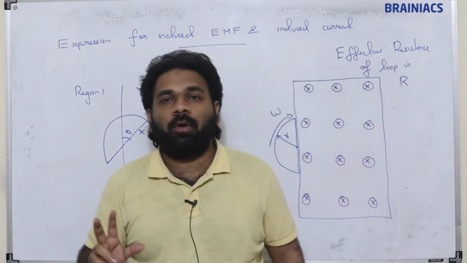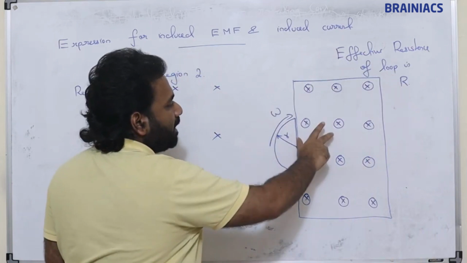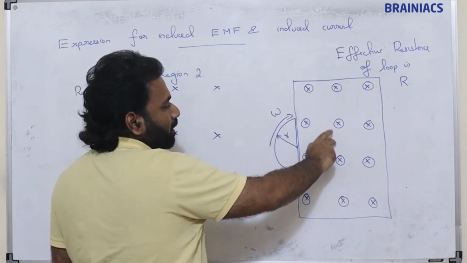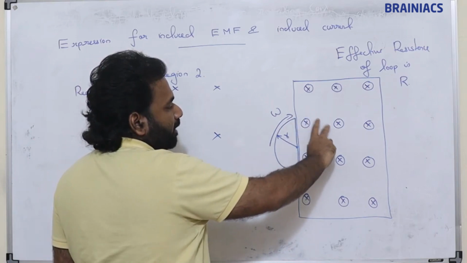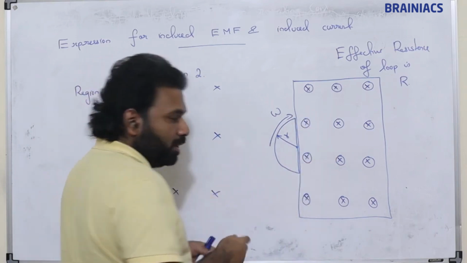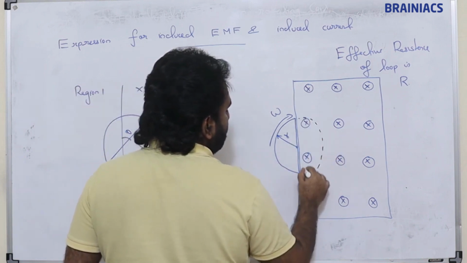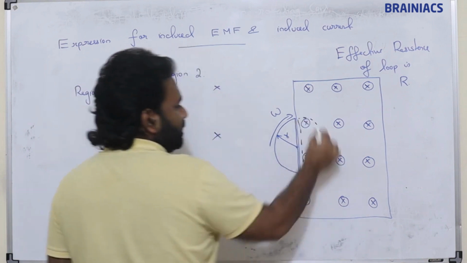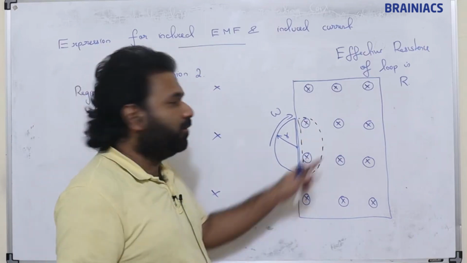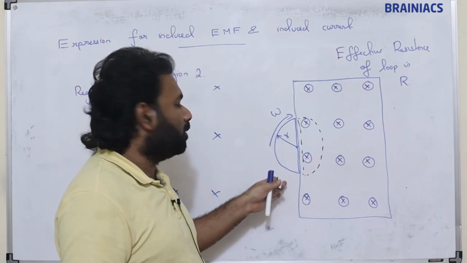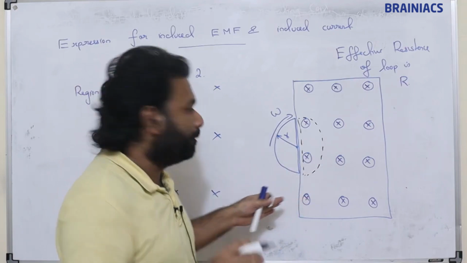When it is going inside, the cross magnetic field is increasing. Then the cross magnetic field will become full when it reaches this position. Then it will be coming out. When it comes out, the cross magnetic field will be decreasing.